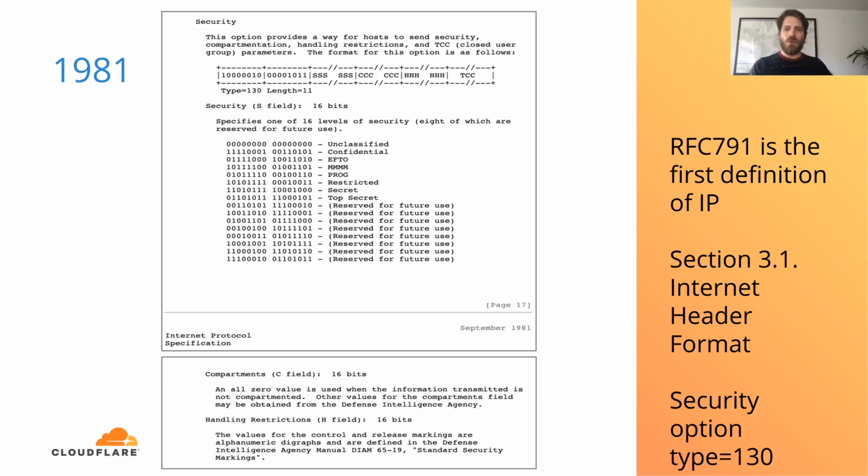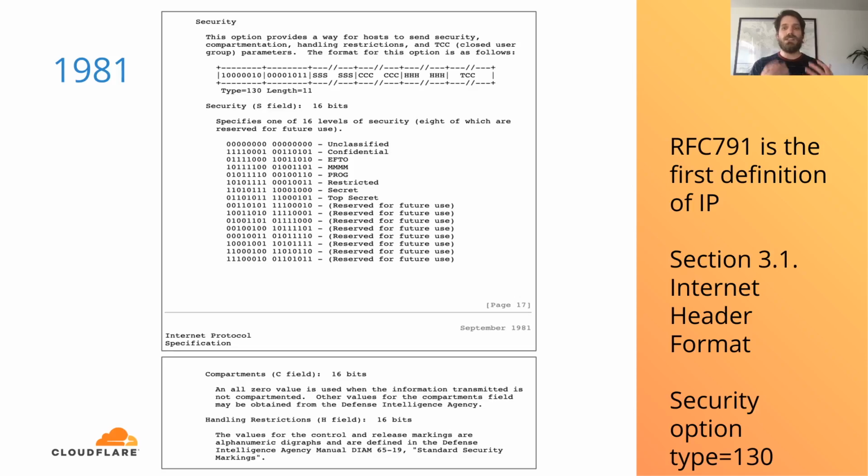And then when you move to the next iteration of the internet, you have RFC 791, where we first define IP, and let's be clear here, that first RFC is still just as applicable as it was then as it is now. And in section 3.1, the header format was defined. And one of those headers was the security field.